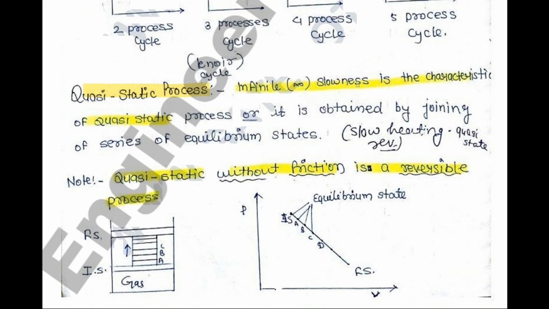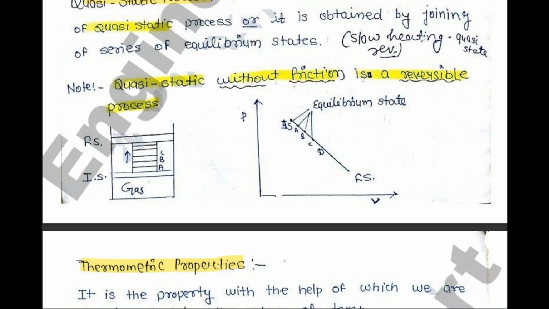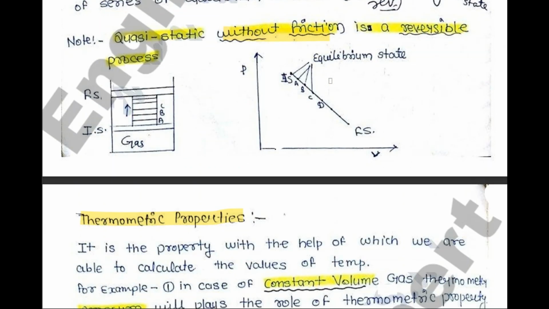But we cannot say it is a reversible process unless the friction factor is absent, like here.